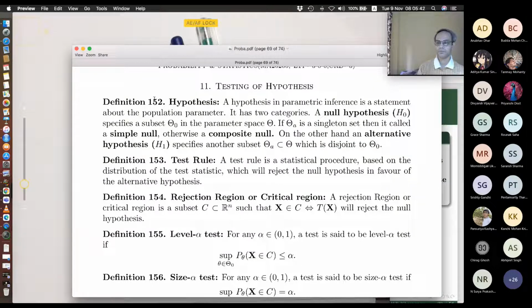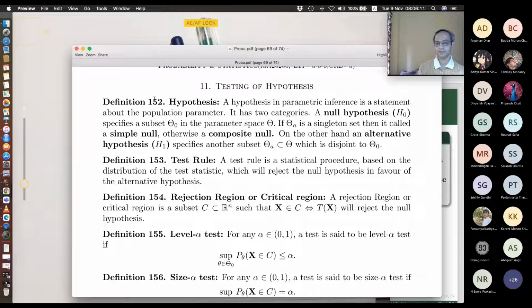It will not be something which we will not be able to record. Statistically, it must be measurable. And the population for which we are stating the hypothesis, we should be able to collect samples from there. This is a fundamental aspect that we need to keep in mind.